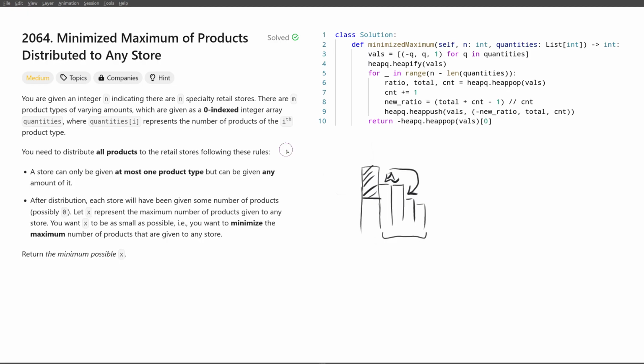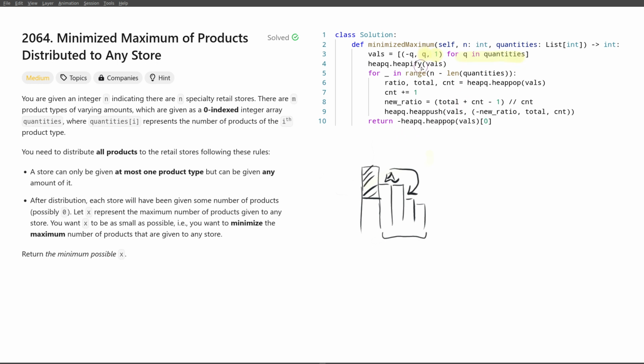So the solution that uses priority queue, so we'll always maintain the biggest step, is very simple to implement because we have to have a priority queue. It has to be sorted based on the ratio of the number of products to the number of shops that have that product. So at the beginning, one shop has that product, and we have, of course, q for q in quantities.